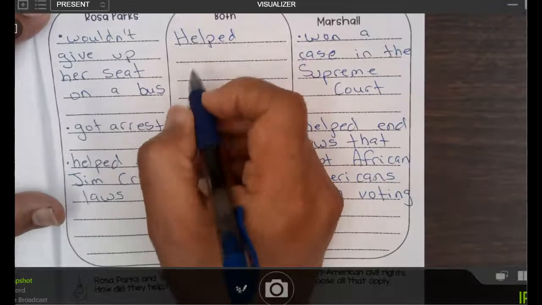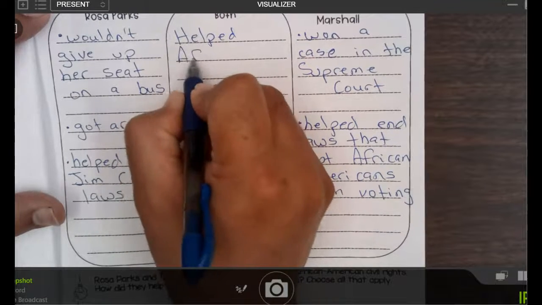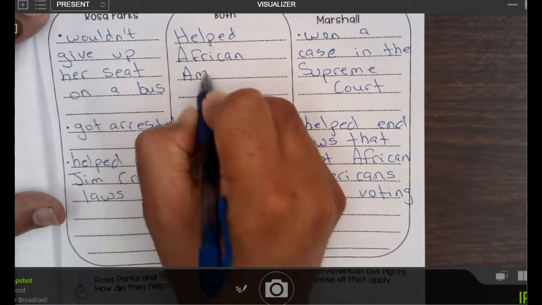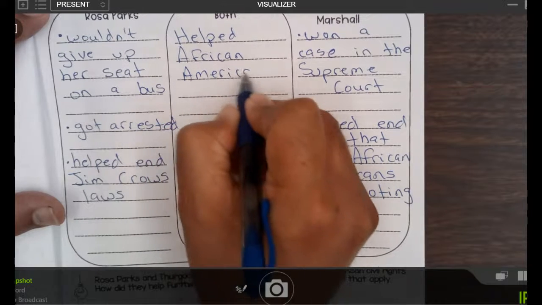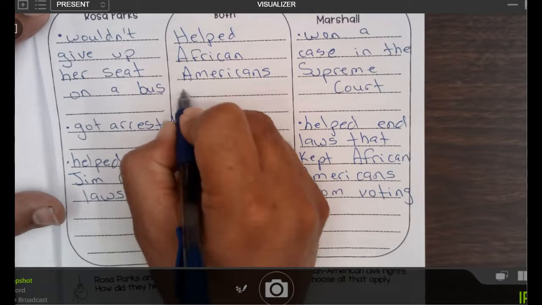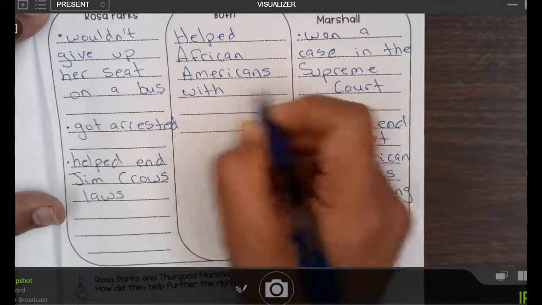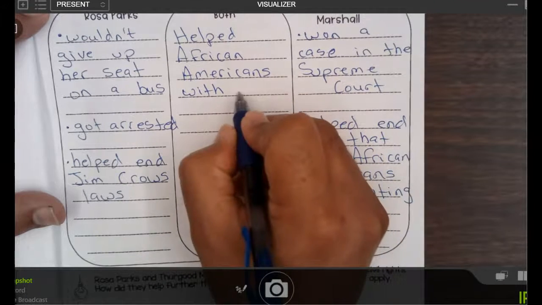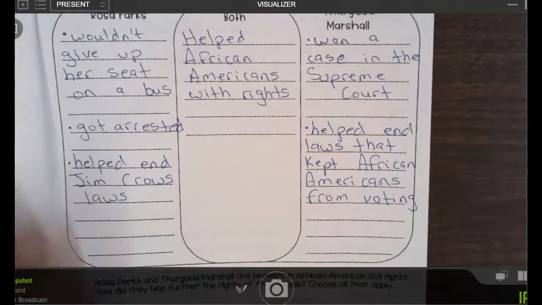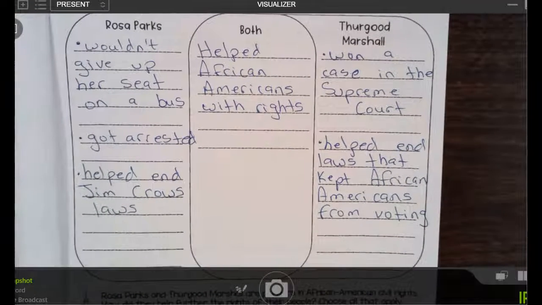They helped African Americans with rights. Excellent.